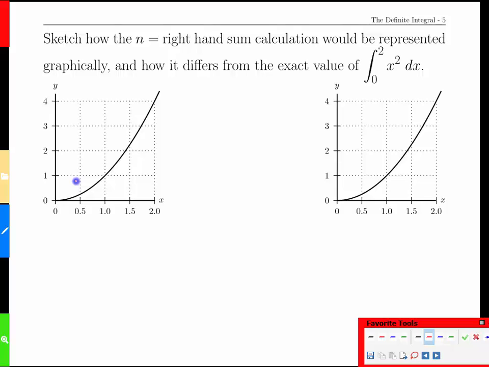Let's draw that a little more accurately. We were given the integral from 0 to 2, and so the exact area under that graph would be highlighted here.